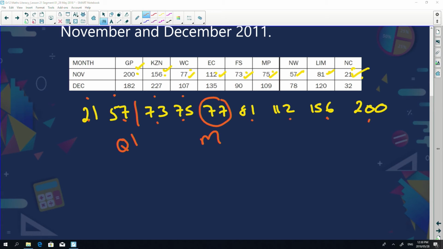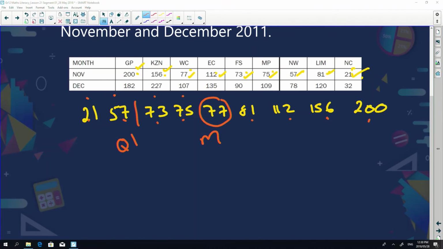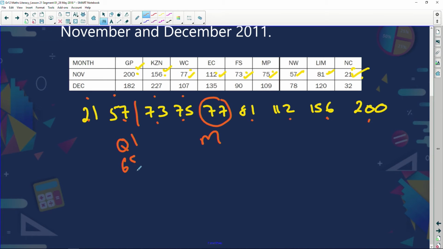What I do is I add the two together and then I divide by 2. So I'm going to do that, and I've got a lovely little calculator here. 57 plus 73 is 130, divided by 2, and I get 65. So quartile 1 is 65.